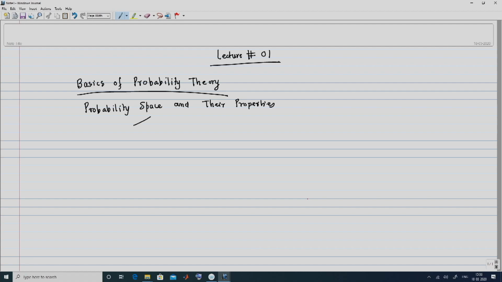We will first look at the finite discrete space, and then we will look at a general probability space.